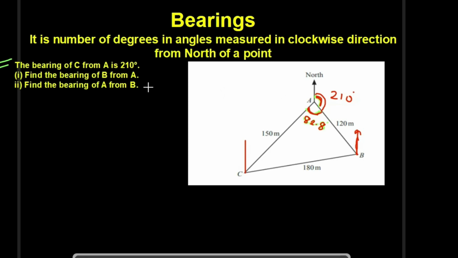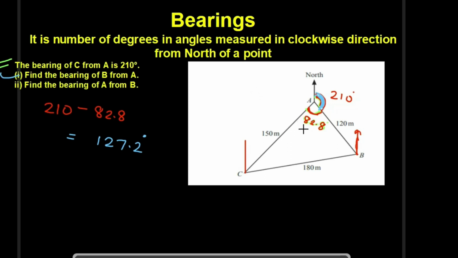This is nothing but the bearing of B, that means direction of B from A. So total angle is 210, the bearing is given, right? 210 minus 82.8 will give me this angle, the blue one which I highlighted, which is our requirement. So we write 210 minus 82.8, which is going to be 127.2 degree. So this is nothing but the bearing of B from A.